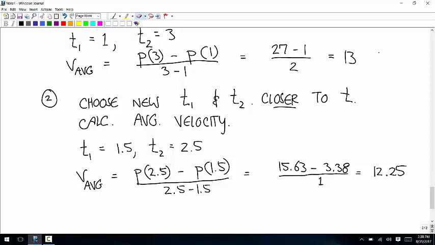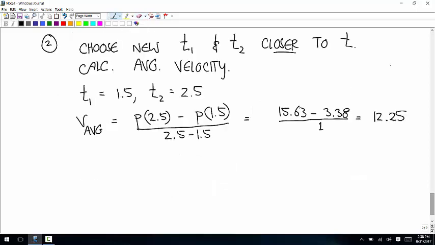Okay, step 3 is a long step. Step 3: now, do step 2 infinitely many times.